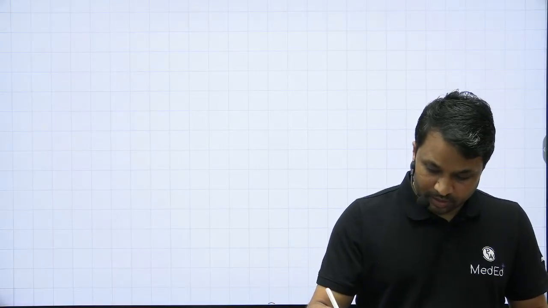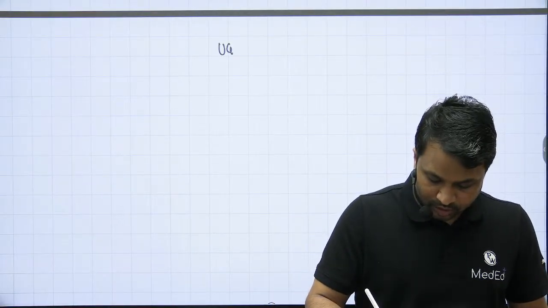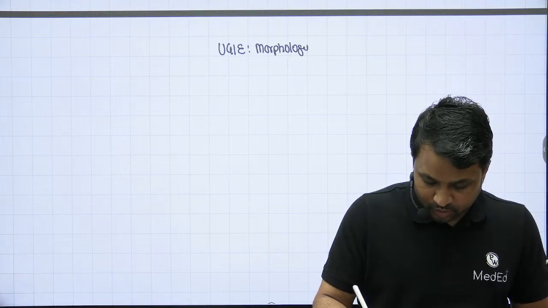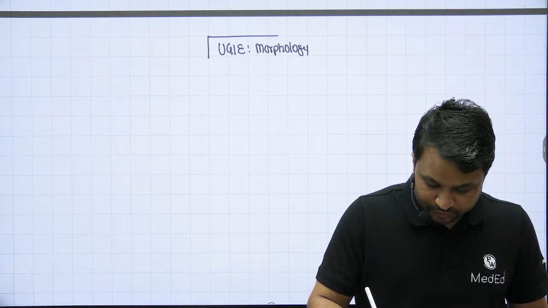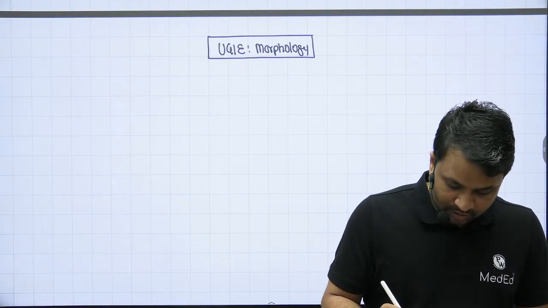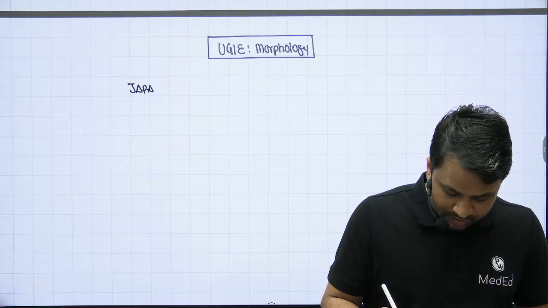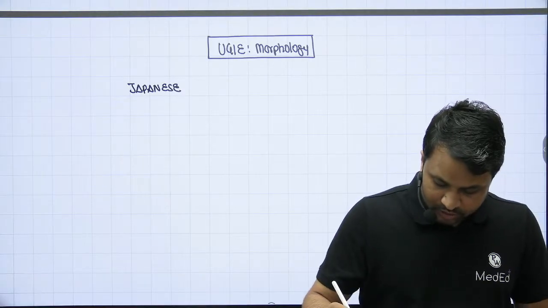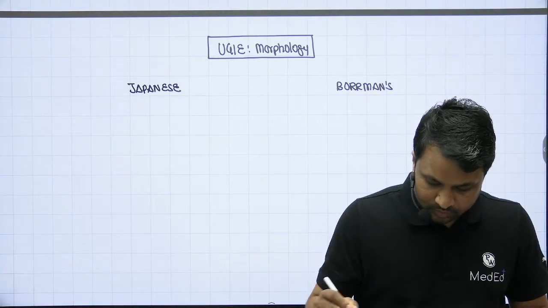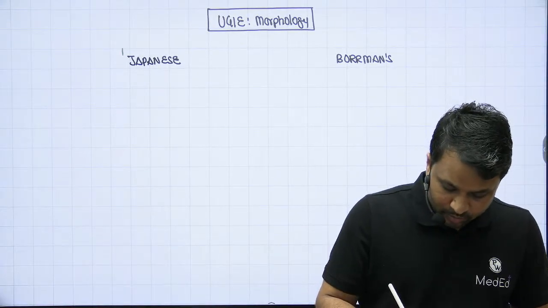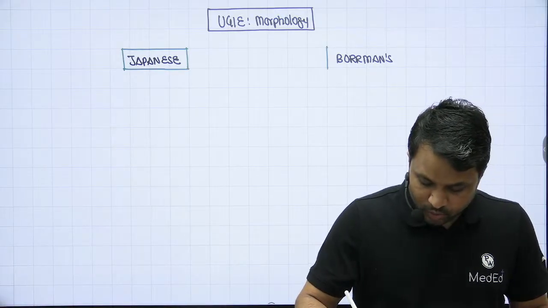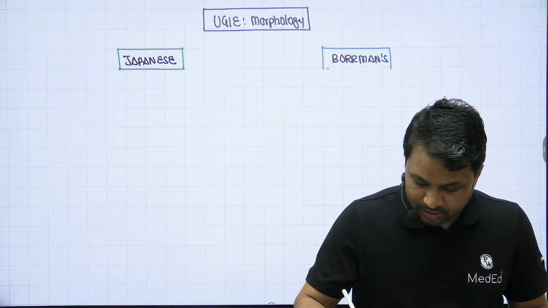Now, based upon the upper GI morphology, when you do an upper GI endoscopy, and based upon the morphology that you see on the endoscopy, we have two classifications of gastric carcinomas. Number one is going to be your Japanese classification. Another one is going to be your Borrmann's classification. Both are on the basis of your upper GI endoscopy, right?